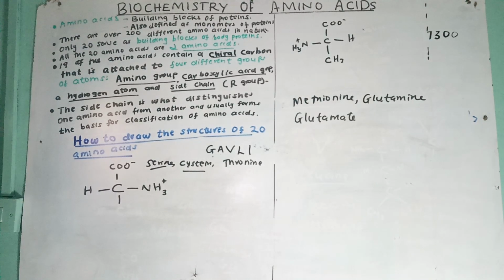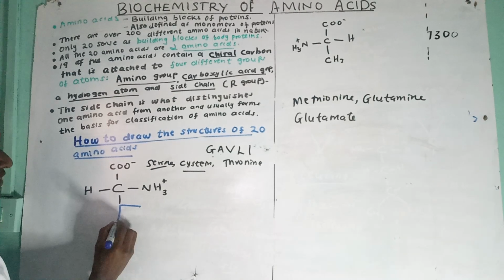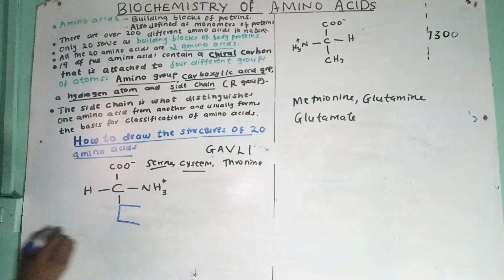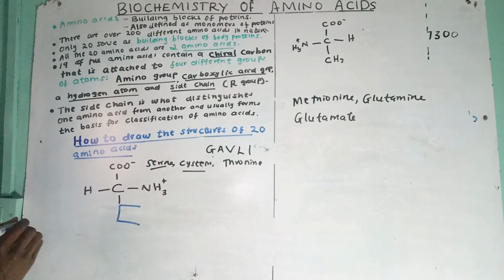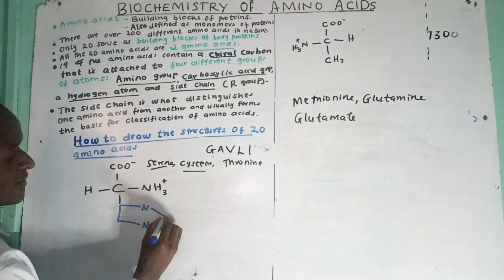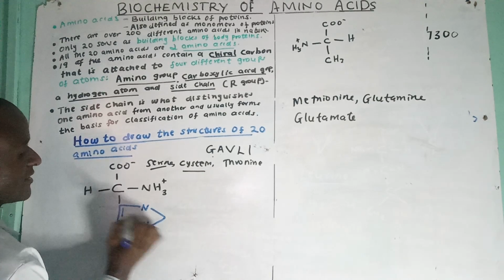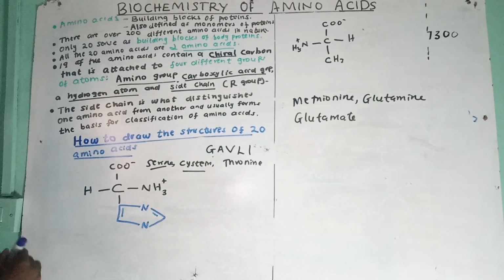So our next amino acid is histidine. So histidine has an imidazole ring, that is a 5-membered ring like that. And this 5-membered ring has those hydrogen atoms.